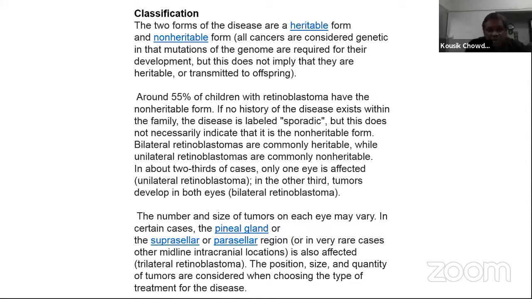But this does not imply that they are heritable or transmitted to offspring. Around 55% of children with retinoblastoma have the non-heritable form. If no history of the disease exists within the family, the disease is labeled sporadic, but this does not necessarily indicate that this is the non-heritable form.